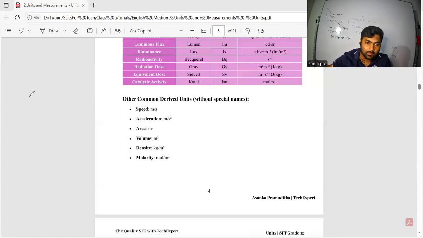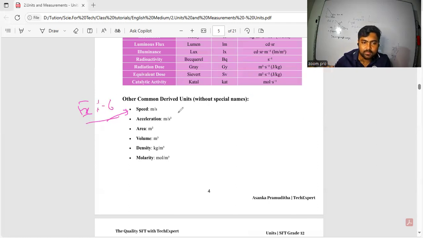There are a lot of derived units without special names, but here only a few are given. Only a few. Then as examples, write these six.